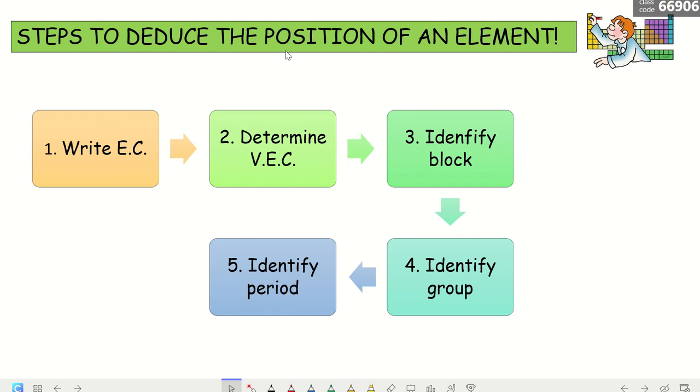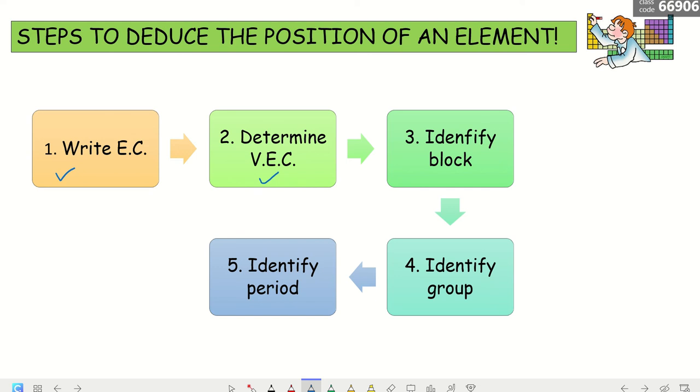Here are the steps to deduce the position of an element. The first one, of course, you need to write the correct electronic configuration, and then from the electronic configuration you focus on the valence electronic configuration.